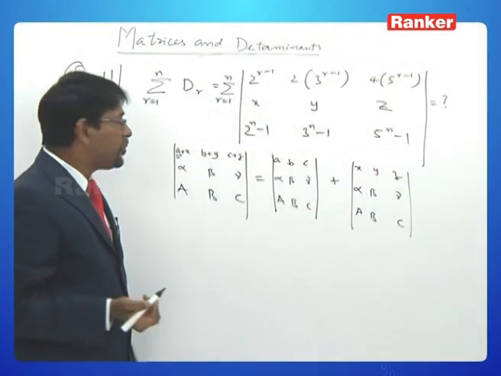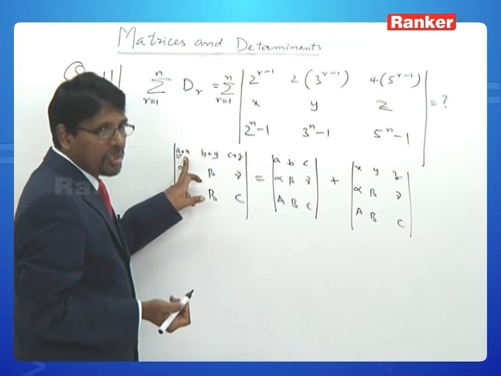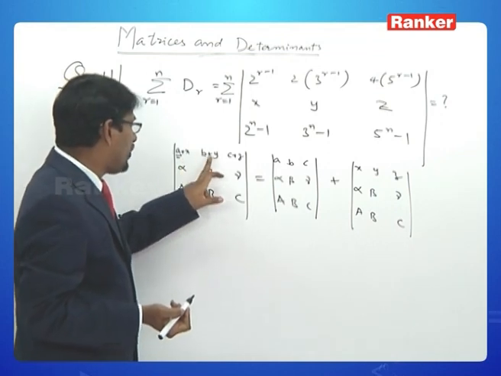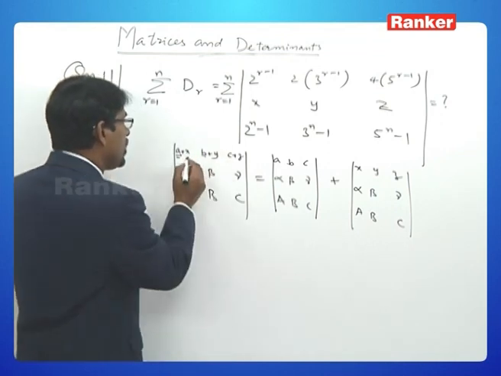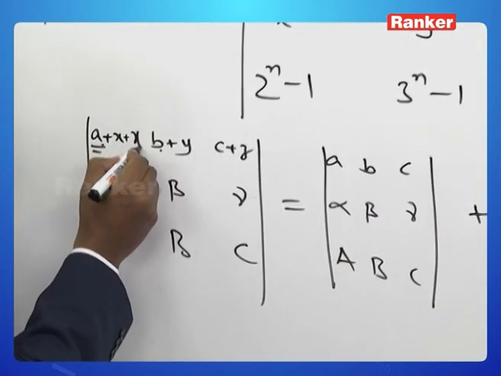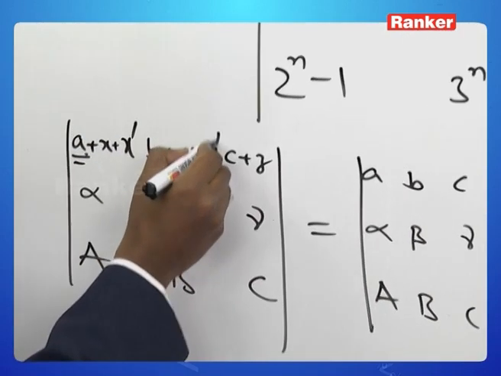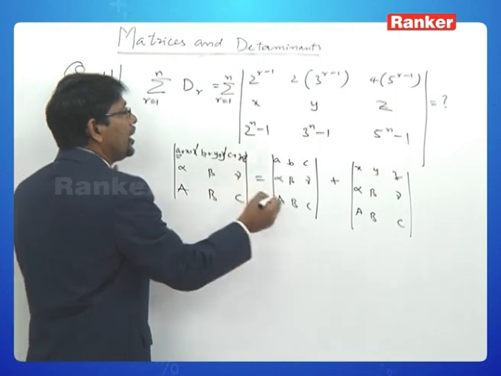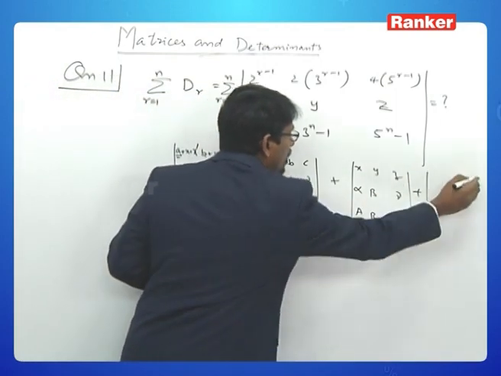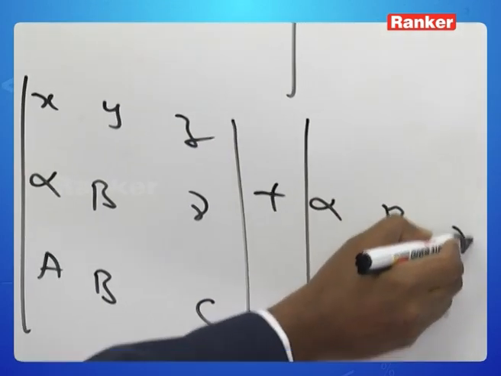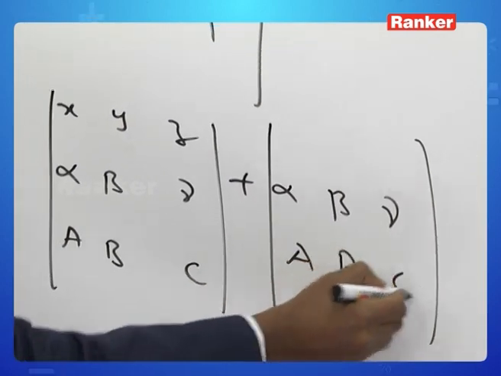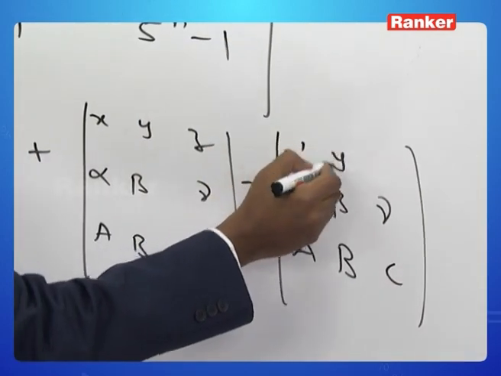Now it's not only true for two numbers being added up in a particular row. When you have three numbers like this, suppose you have some X dash, Y dash and Z dash, then we'll have one more determinant, keeping the other two rows as they are, ABC, and we'll have X dash, Y dash, Z dash.